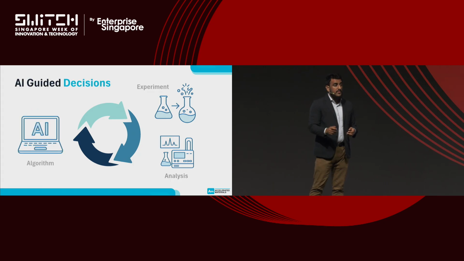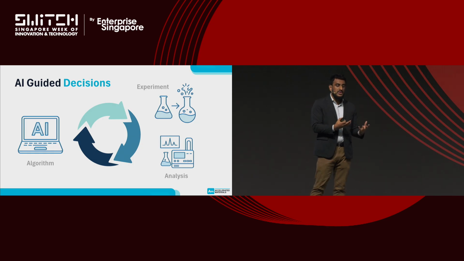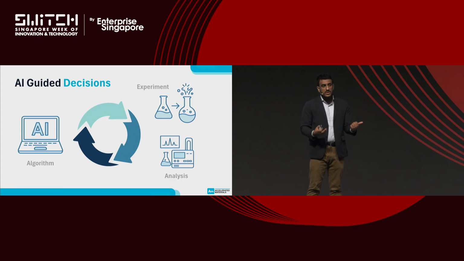Now, as Professor Mary and some of my predecessors have mentioned, our AI tools can really help to accelerate this process. Rather than you having a researcher make these decisions, we can use one of these AI tools and tell it what you want from your material. You want a particular yield, you want a particular particle size, maybe you want a particular reflectivity or a particular strength, and then you tell it what levers you can pull.